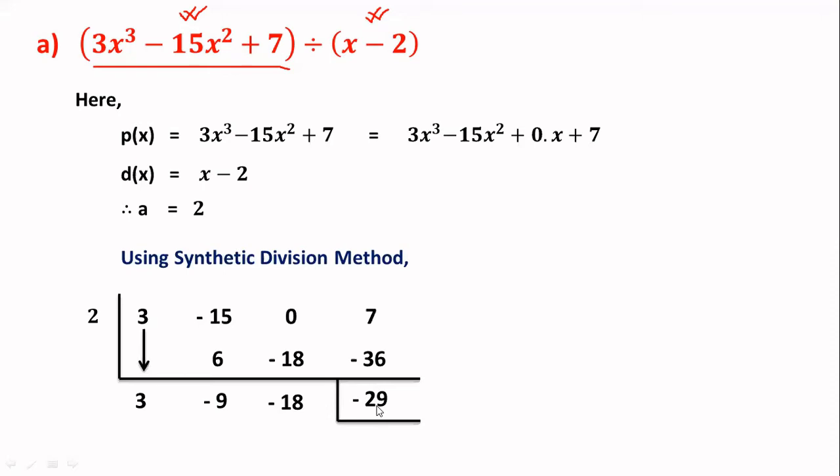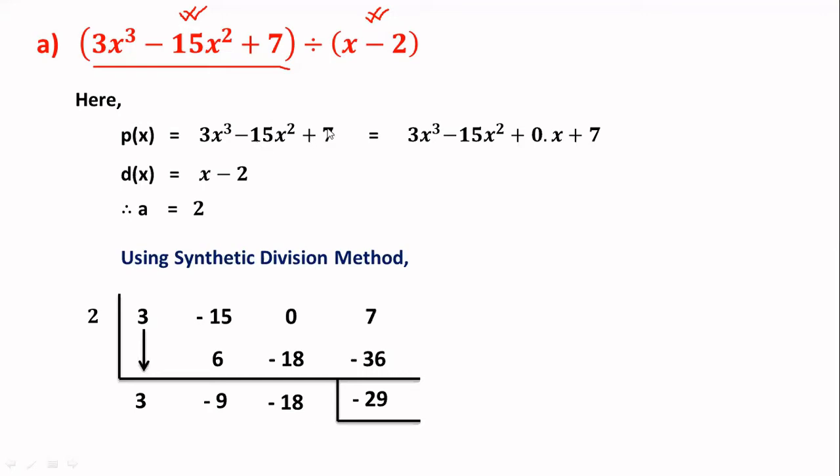Everyone, let's be clear. As we have seen here, our dividend polynomial has degree 3 and the divisor's degree is 1. So when the dividend polynomial is divided by our divisor d(x), the degree 3 of the polynomial will be decreased by 1, and that will be the degree of the quotient.